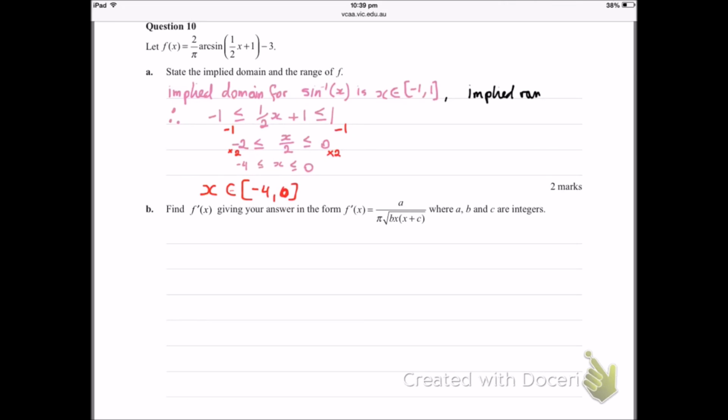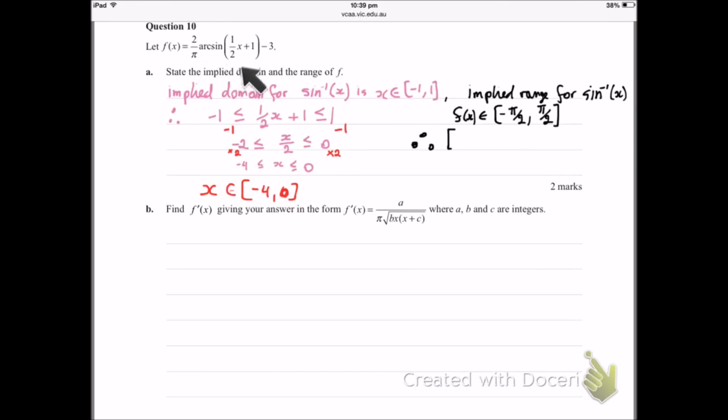And now, having found that, let's get our implied range. The implied range for the inverse sine of x is negative pi on 2 to pi on 2. They're the corresponding values from negative 1 to 1. Having a look at the function, the arcsine goes from negative pi on 2 to positive pi on 2, but then it is multiplied by the amplitude 2 over pi and subtracted by 3.